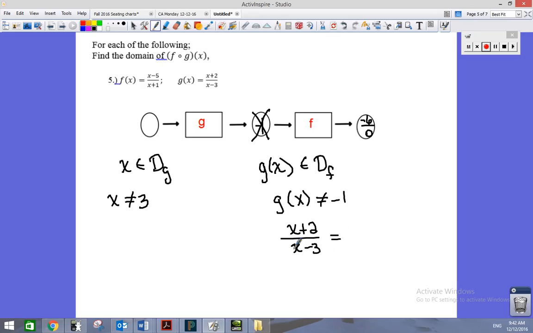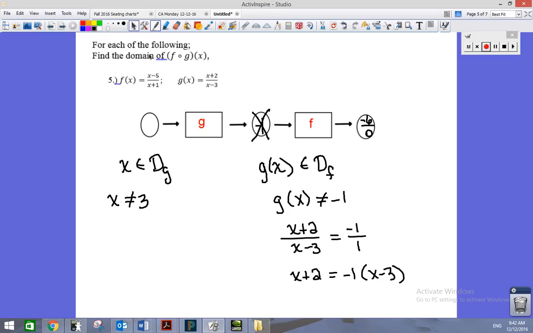You plug in values of x and do that arithmetic, and it'll produce output. We want to see what input will cause an output of negative 1. So if we cross multiply, we've got x plus 2 is equal to negative 1 times x minus 3.